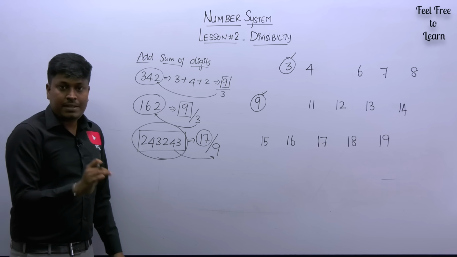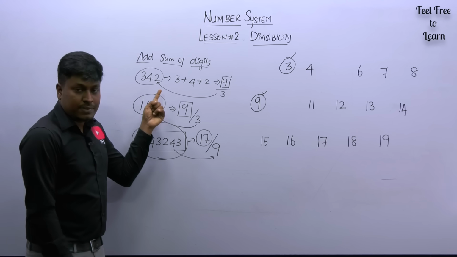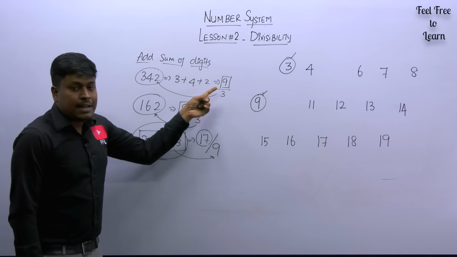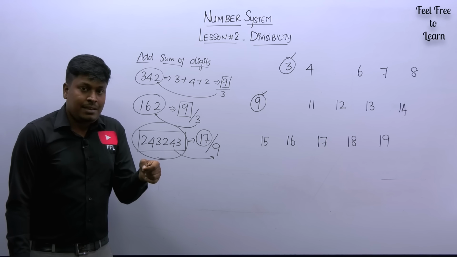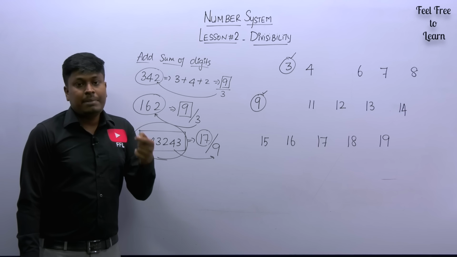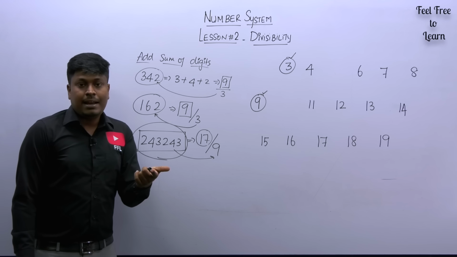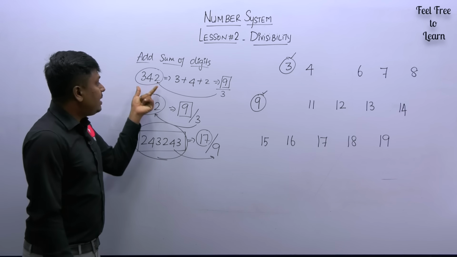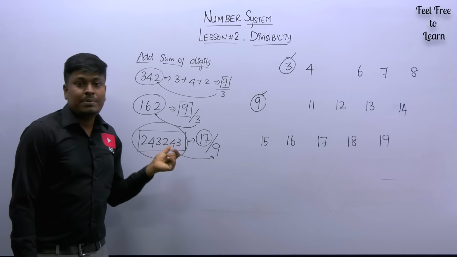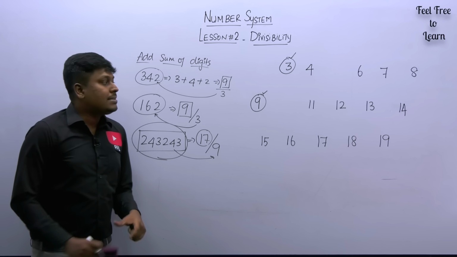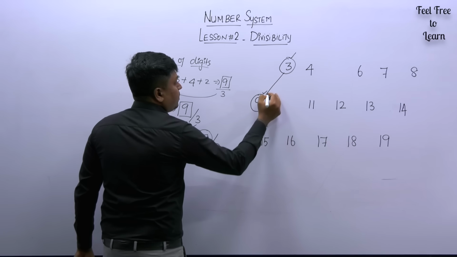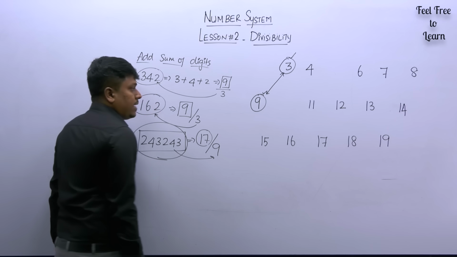After adding all the digits, the final answer should be divisible by 3 or by 9. If it can divide by 3 and by 9, then we can say that the given number is divisible by 3 as well as 9. So this is called the divisibility rule of 3 and the divisibility rule of 9.